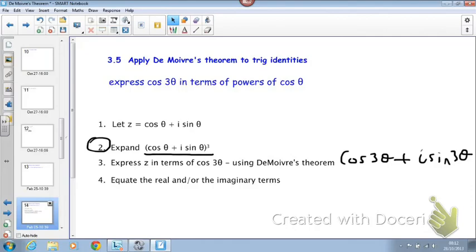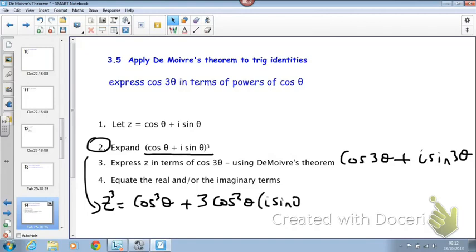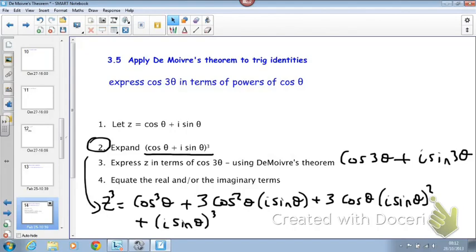So z cubed equals cos cubed θ plus 3 cos squared θ times i sin θ, plus 3 cos θ times (i sin θ) squared, and finally plus (i sin θ) to the power 3.